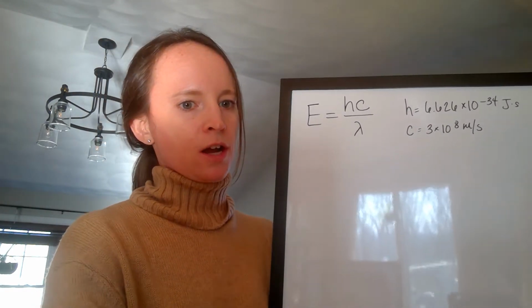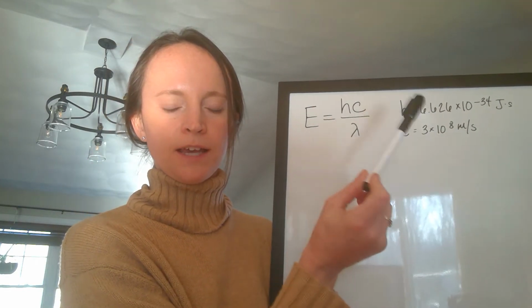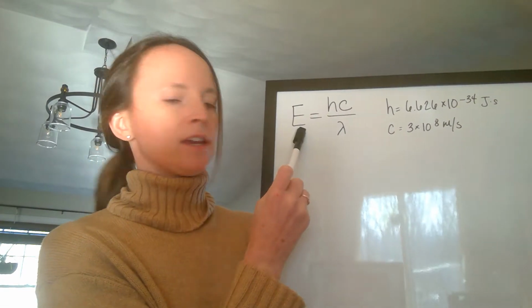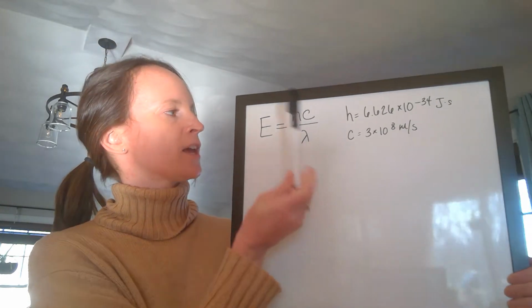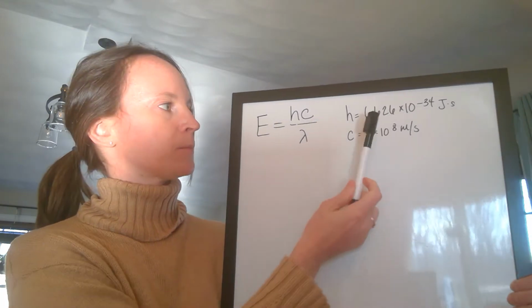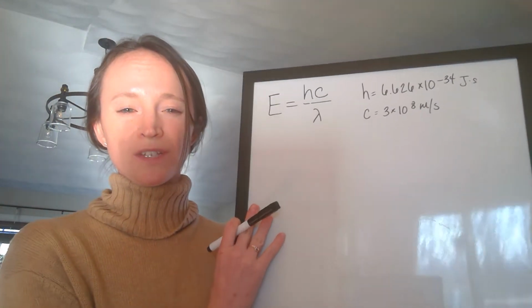So I'm going to talk about the equation first and then do the problems on slides 13 and 14 for you. E represents energy, capital E here. H is Planck's constant. It's always the same number. It's 6.626 times 10 to the negative 34th, and the unit there is joules times seconds.